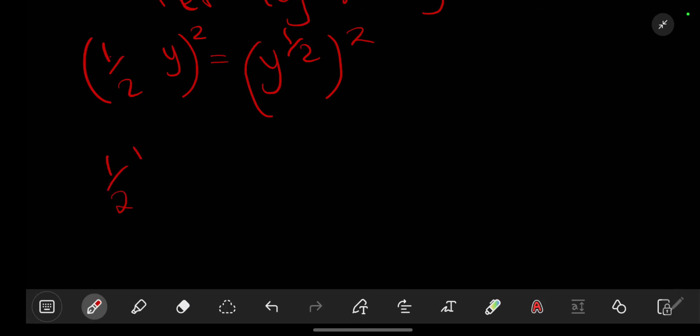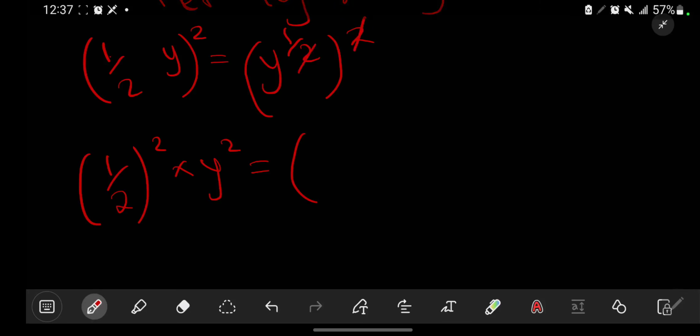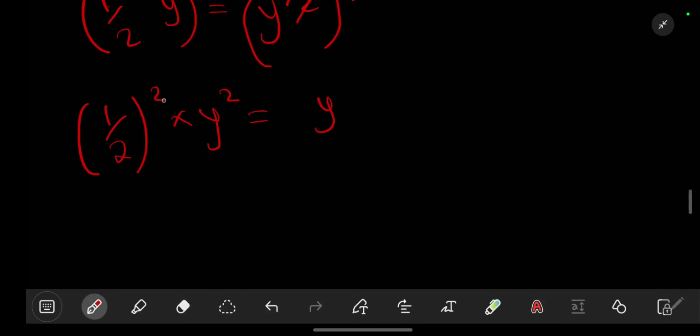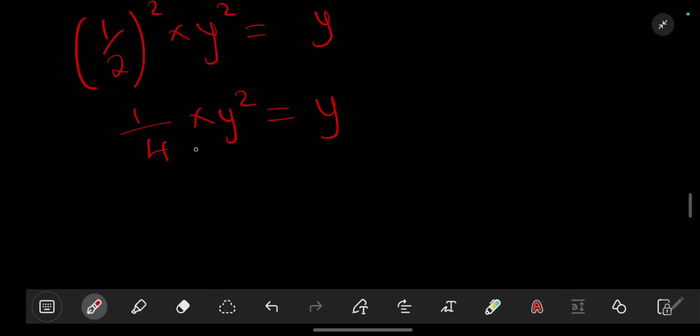So this is half to the power of 2 times y to the power of 2 should be equal to y. Half squared is 1 over 4 times y squared should be equal to y. From here, 1 over 4 times y squared is y squared over 4 should be equal to y.